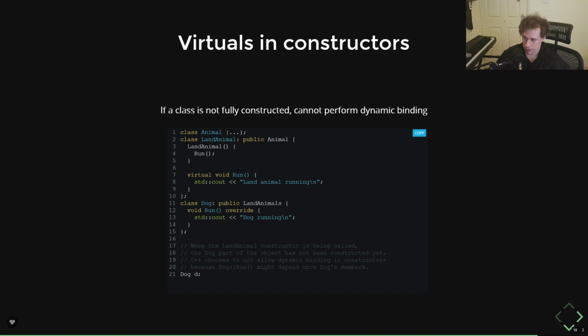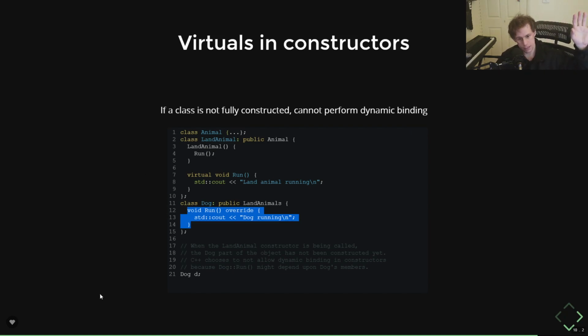The parent constructor up here calls land animal's run, but it doesn't care about the fact that we're dealing with a dog. At this point the dog isn't fully constructed because you're still constructing stuff. So how does it know to call this run down here? That's not even possible yet because the dog isn't fully constructed. So the point is, if a class isn't fully constructed yet, none of that vtable stuff matters.